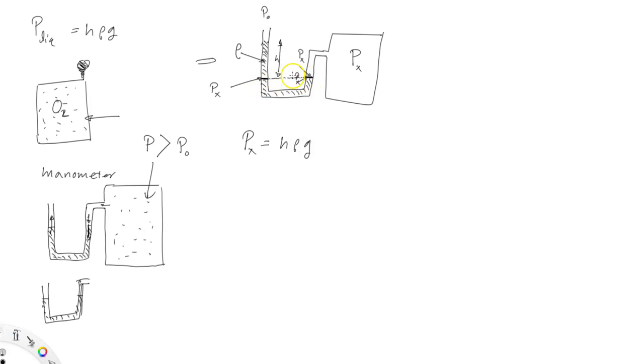You draw a line connecting the two levels, the tank side to the other side, and then from that point you measure the height. Density is that of the manometer liquid, not anything inside the tank, but the fluid in the tube. And g is gravity. That gives you the gauge pressure of the tank, the pressure that is above the atmospheric level. If you want to find the absolute pressure of the tank, you add atmospheric pressure to this.